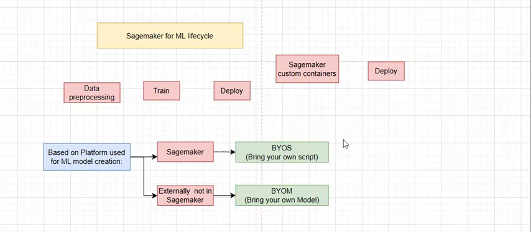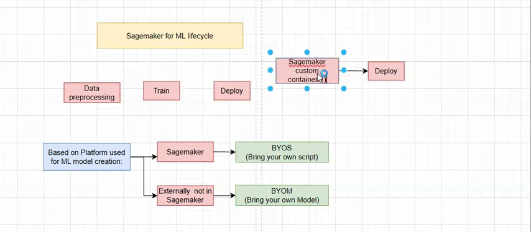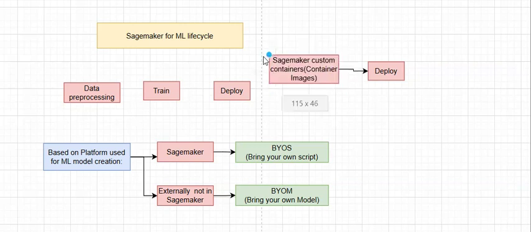So whatever model we have built, we are deploying on top of custom container images, not SageMaker pre-built containers.